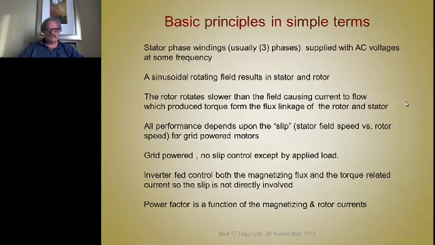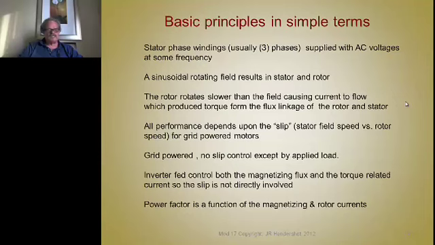The stator, as we've said before, becomes the primary winding of a transformer, and the rotor is the secondary. So these sinusoidal rotating fields are created in both the rotor and the stator. The rotor physically rotates slower than the rotating field in the stator, which causes current to flow in the cage of the rotor, which produces torque from the flux linkage of the rotor and the stator.